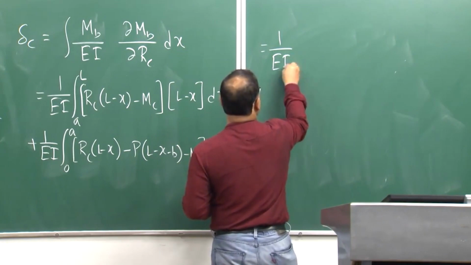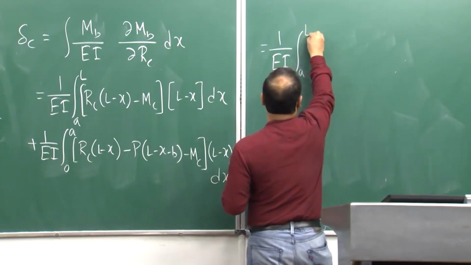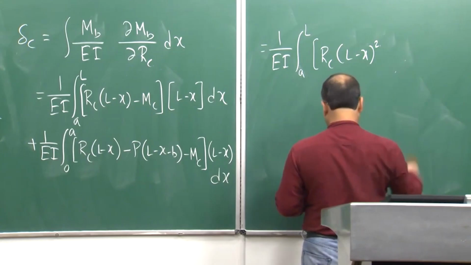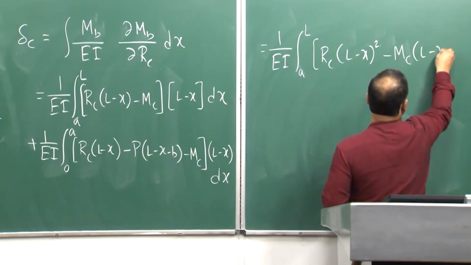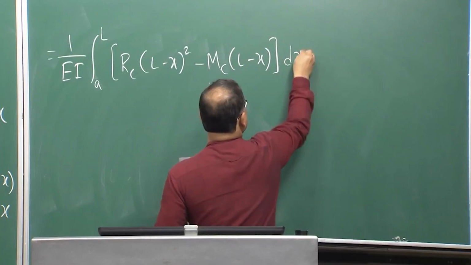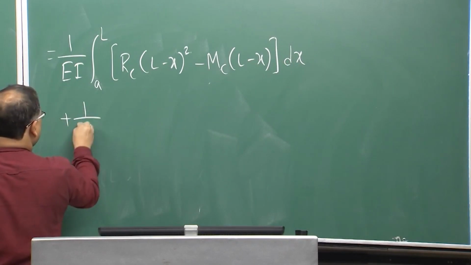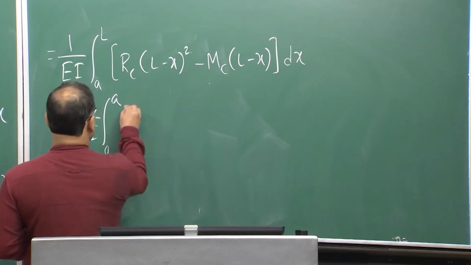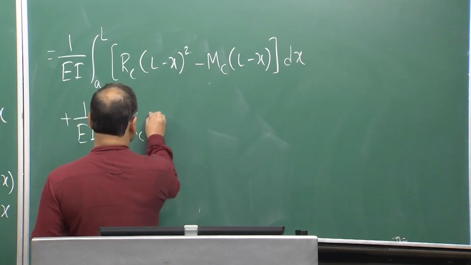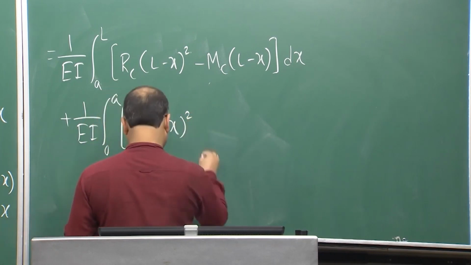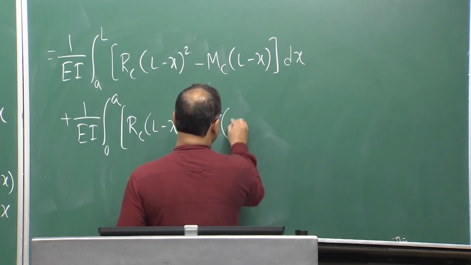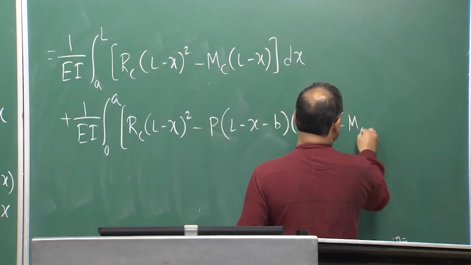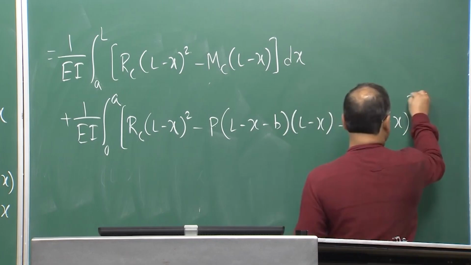This can be further written as 1 by EI from a to L of RC into L minus x whole square minus MC into L minus x into dx, plus 1 by EI from 0 to a of RC into L minus x whole square minus P into L minus x minus b into L minus x, minus MC into L minus x into dx.